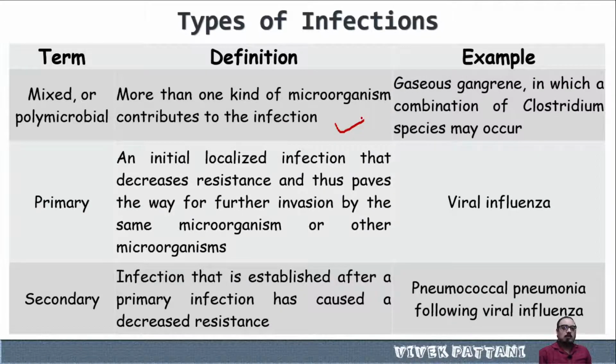Now the next term is primary infection. It is an initial localized infection that decreases resistance and thus paves the way for further invasion by the same microorganism or other organisms.